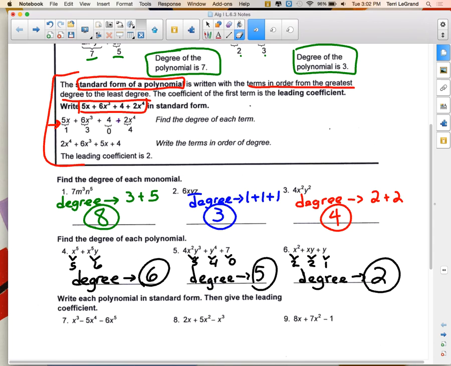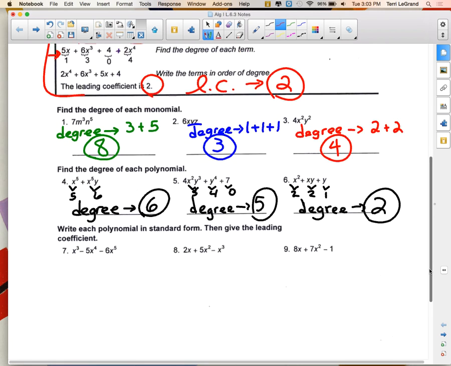What is the variable being multiplied by? So what's the leading coefficient of this one? 2. If you did not put it in standard form first, you might have said it was 5, but that's not right. You can write leading coefficient like this, LC. The leading coefficient is 2.